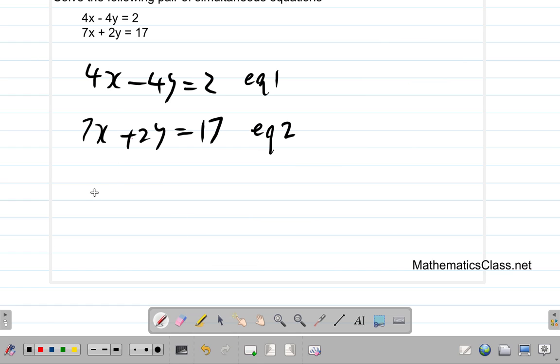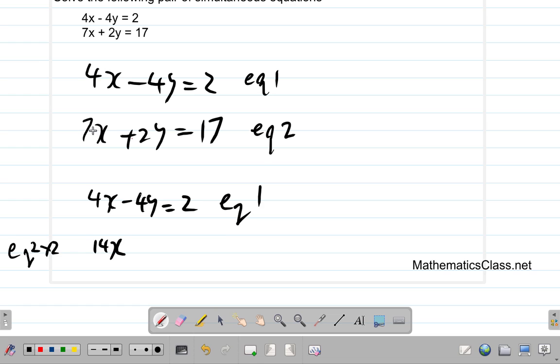Let's rewrite equation 1. 4x minus 4y equals 2. This is equation 1. But what about equation 2 now? We can say equation 2 times 2. 2 7s 14x.